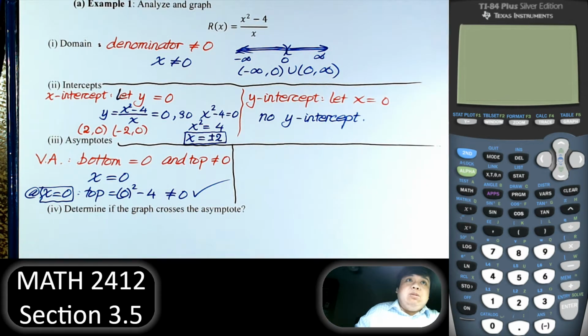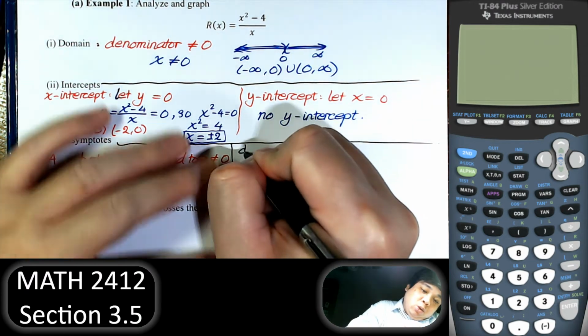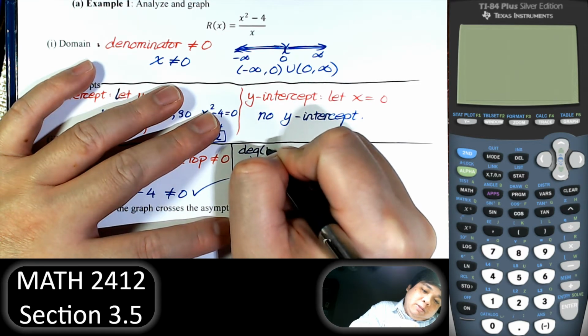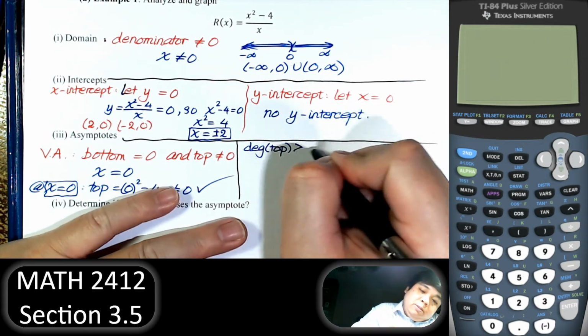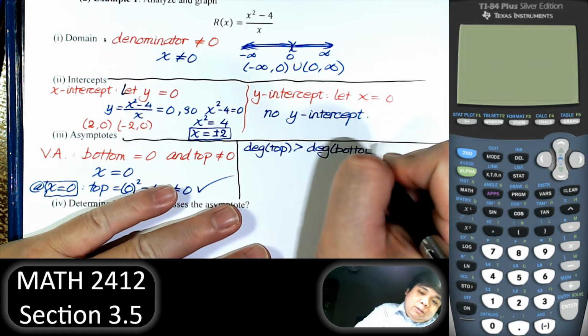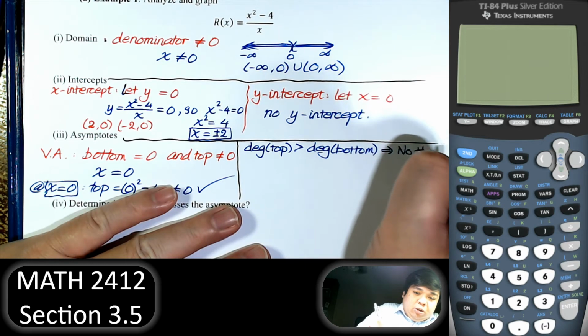Now we have either the slant asymptote or the horizontal asymptote. That depends on the degree. The degree on top is 2, the degree on bottom is 1, so the top is bigger than the bottom. So we have no horizontal asymptote.